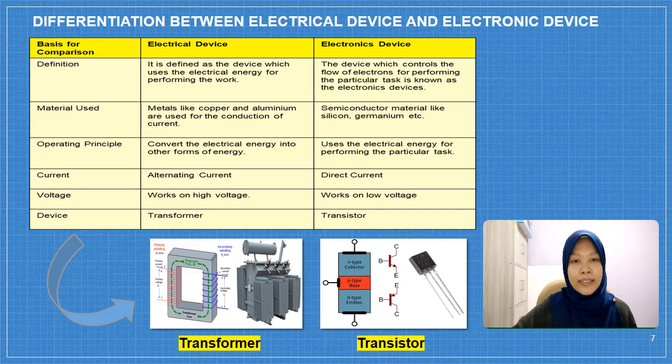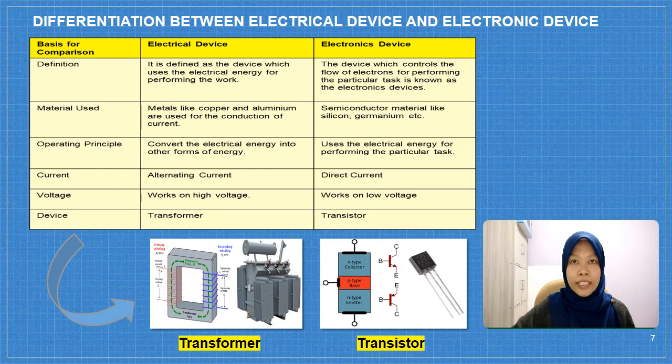For the material used, electrical devices use metals like copper and aluminium for the conduction of current. Otherwise, electronic devices use semiconductor materials like silicon, germanium, and many more.